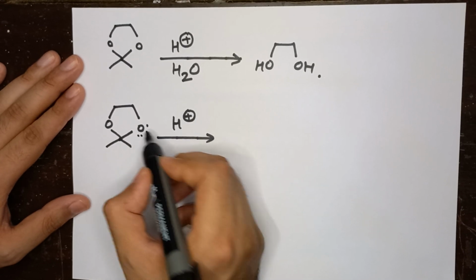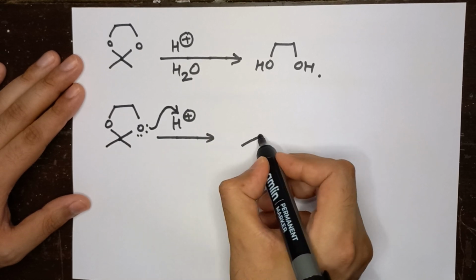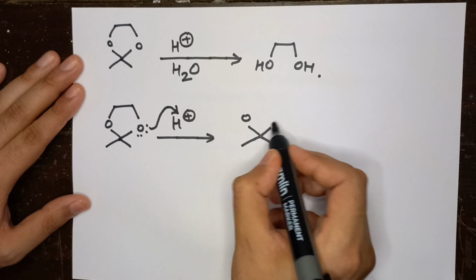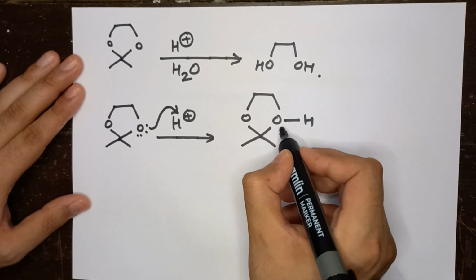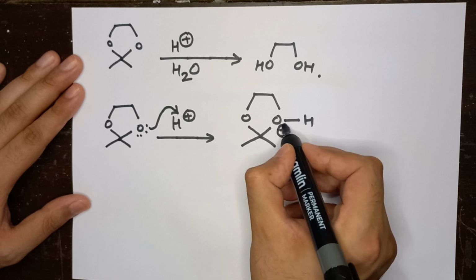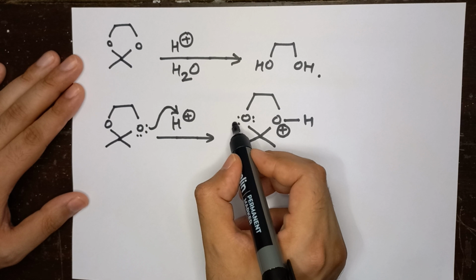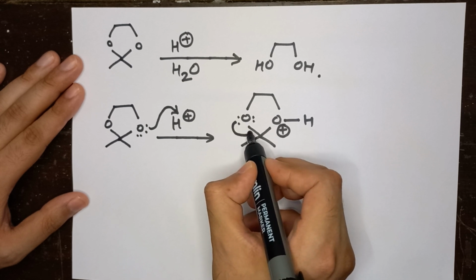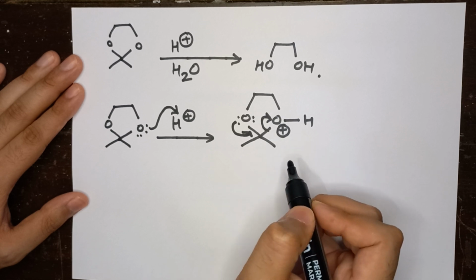take this H plus ions through oxygen. So this oxygen is now bonded to hydrogen, total of 3 bonds, so it will get positive charge. Now this oxygen lone pair will intramolecularly form a double bond here, and this bond is going to break, neutralizing oxygen.